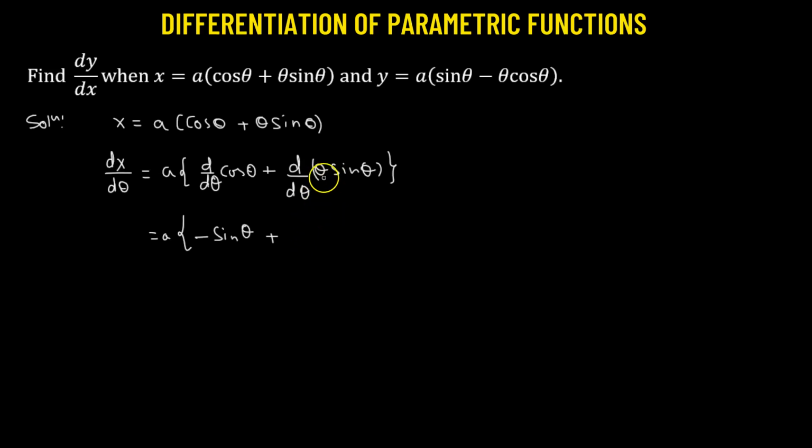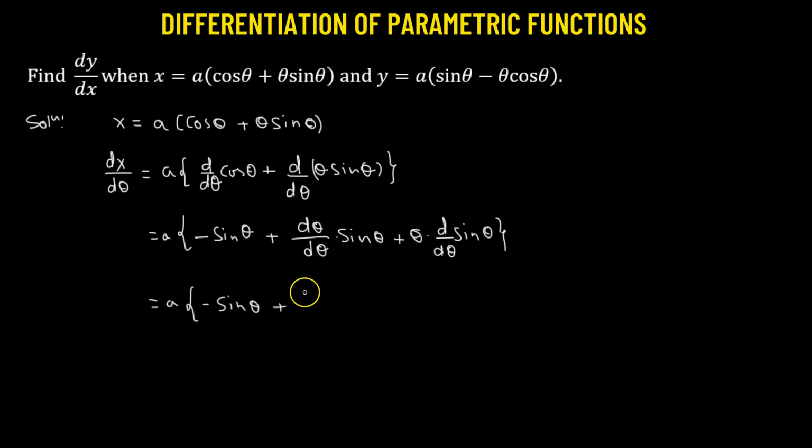So we'll take theta as the first function, so we have the derivative of the first function multiplied to the second function, which is sine theta, plus the first function multiplied to the derivative with respect to theta of the second function, that is sine theta. So this will be equal to a multiplied to negative sine theta plus the derivative of theta with respect to theta, that's 1, so we have 1 times sine theta.